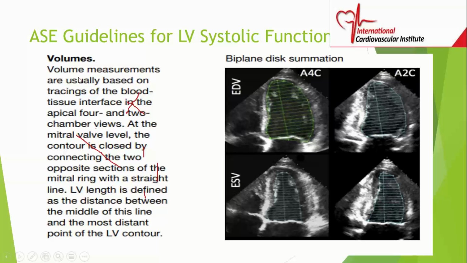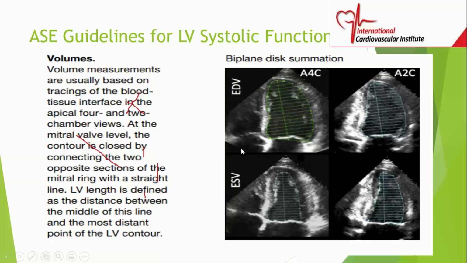So volume measurements are usually based on tracings of the blood tissue interface. The blood is right here, the tissue is right there. In the apical 4 and 2 chamber view at the mitral valve level, the contour is closed by connecting the two opposite sections of the mitral ring with a straight line. So the computer automatically closes that once you have a point here and a point there.